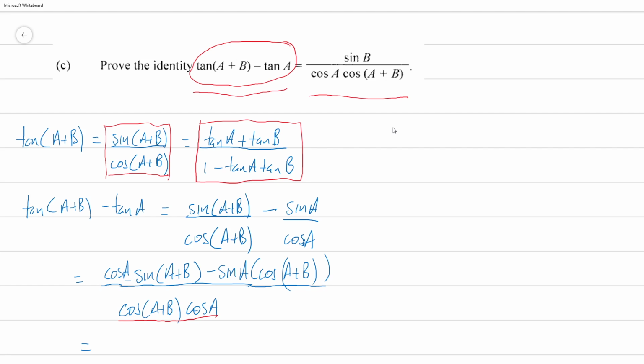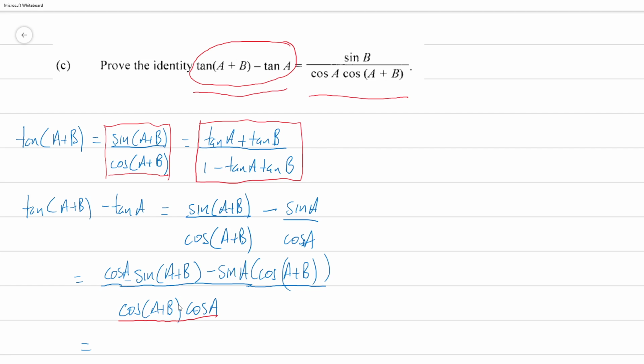so I have the denominator over here, it's the same as this denominator, but somehow the top will simplify or collapse into sine of b. Now how does it do that?